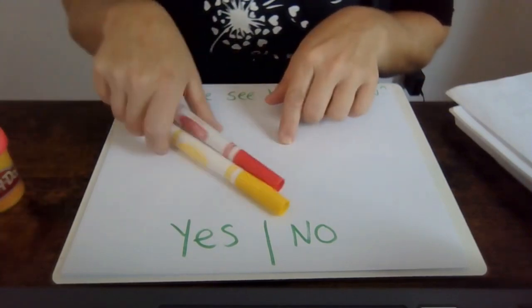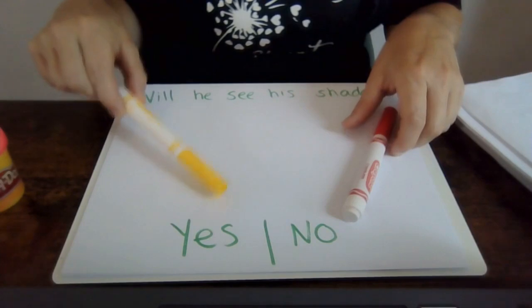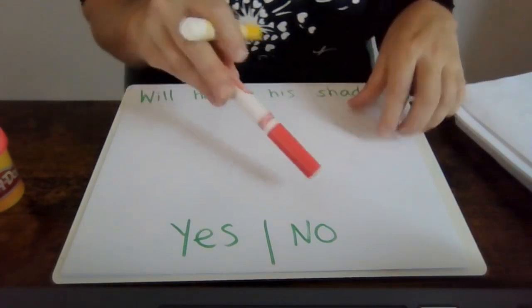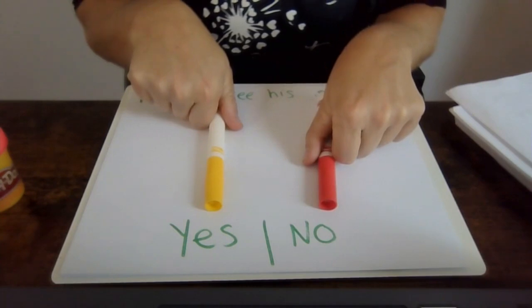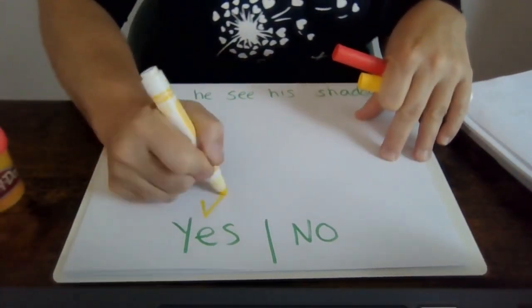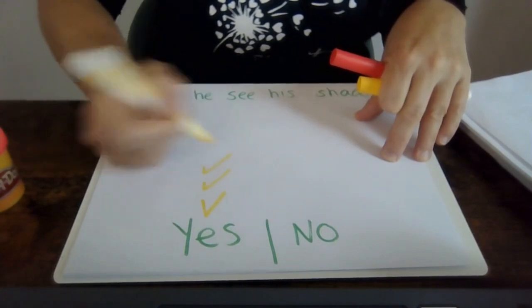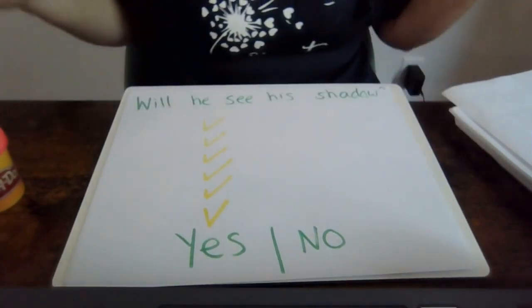So Miss Hake has some data. I'm going to use a yellow check mark for yes and a red X for no. So we have to decide on what we're using. 6 people said yes. So I'm going to do 1, 2, 3, 4, 5, 6 check marks.